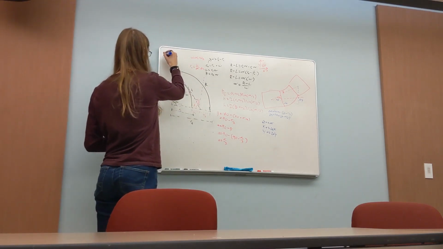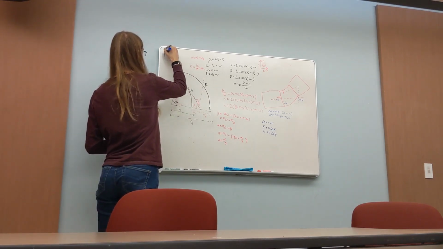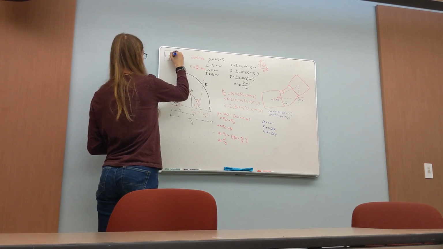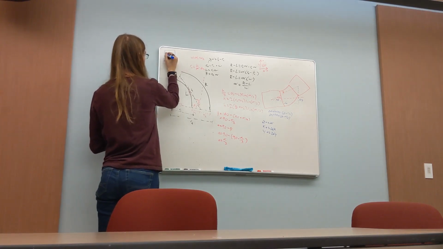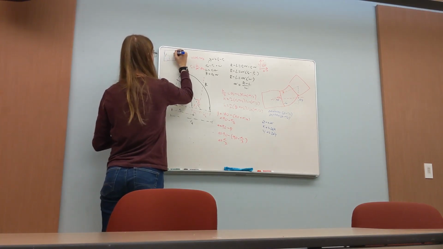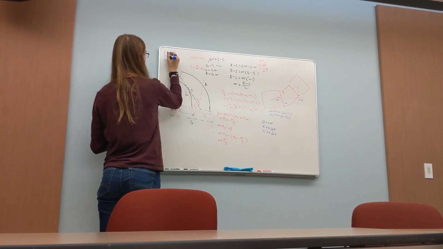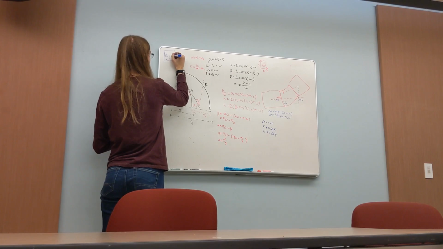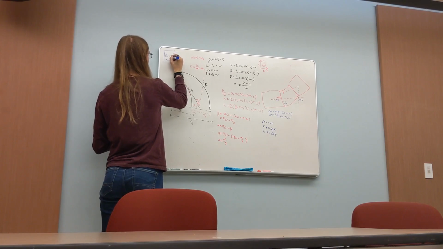So let's say we had our robot. We have our left wheel, our right wheel, and our back wheel. I'm going to call the back wheel just S. So we have L, R, and S, and we have WL, WR, and WS.